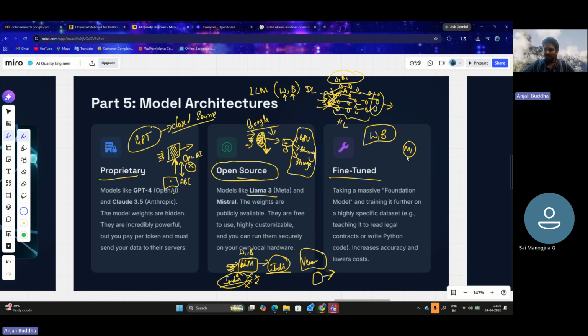Let's say I have a company, Arya Private Limited. I want to use this model, but make it efficient to act as my particular chatbot, an AI coding assistant, or a creator kind of thing, anything.